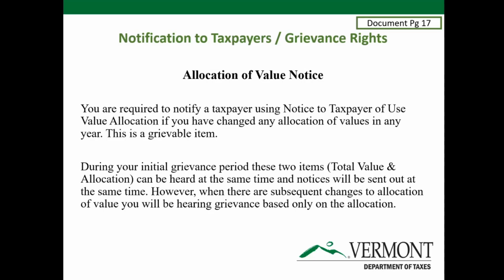I think we have some things going on in the chat, Terry. I'm reading away. The first one was, are these sent by certificate of mailing? I said yes, because you always want to be able to prove that you mailed it.